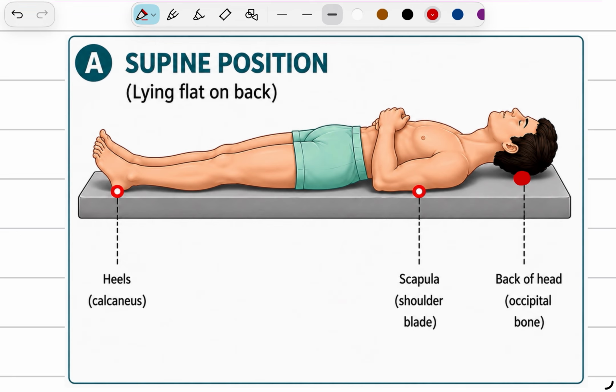Your flat occiput bone is pressurizing the scalp at the back side of the head. And the same thing, the scapula, the flat bone present at the back of the shoulder, we can say the blade.